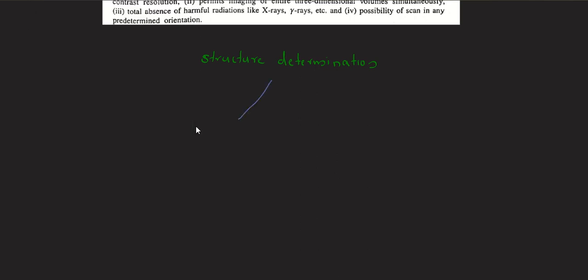The first one is the chemical shift, delta, and the second one is the spin coupling constant, J. For structure determination we use chemical shift delta and spin coupling constant J.